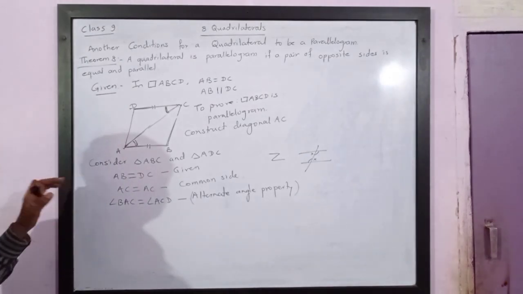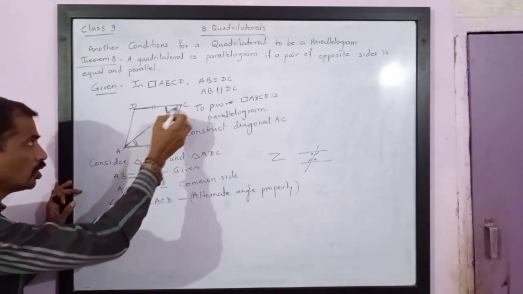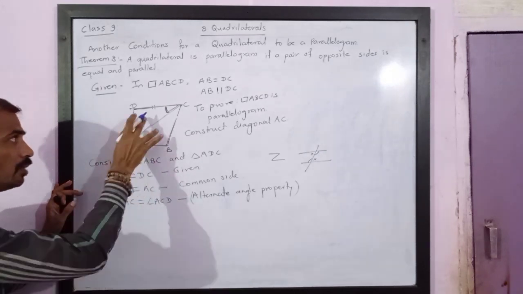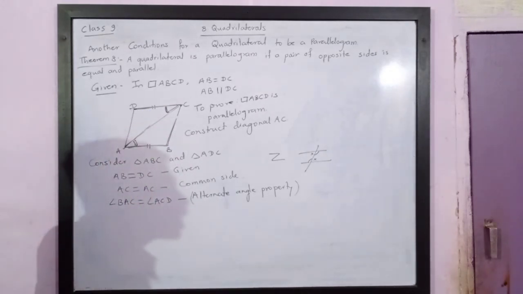Now see, we have got two sides of the triangles congruent and the included angle congruent. It means these two triangles are congruent to each other. But one-to-one correspondence is very important.